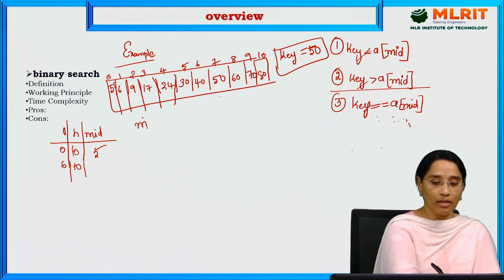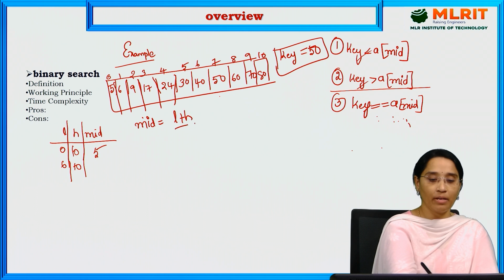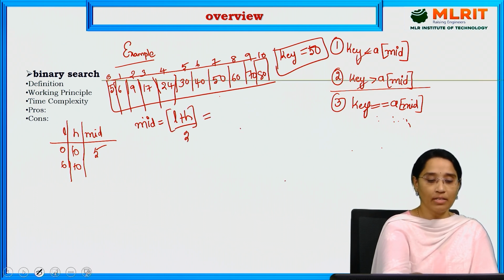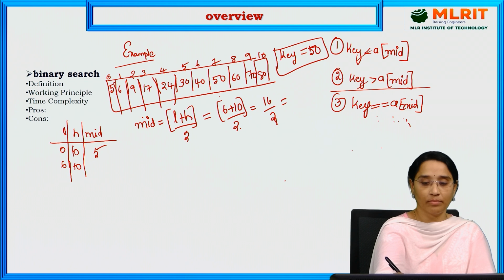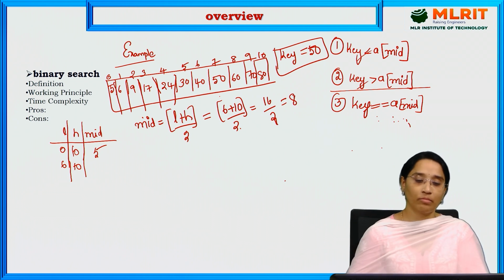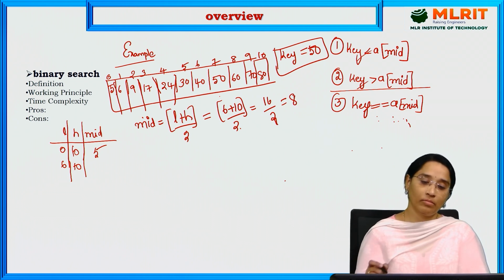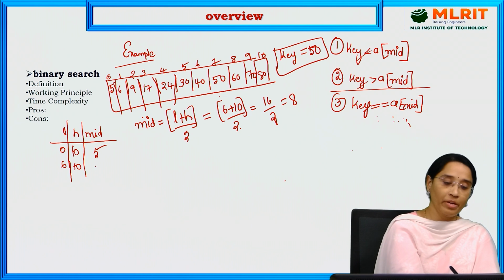Next. Now your low value is 6, high value is 10. Now again if you apply mid is equals to low plus high by 2, it is 6 plus 10 by 2, 16 by 2, that is 8. So your mid value is 8.